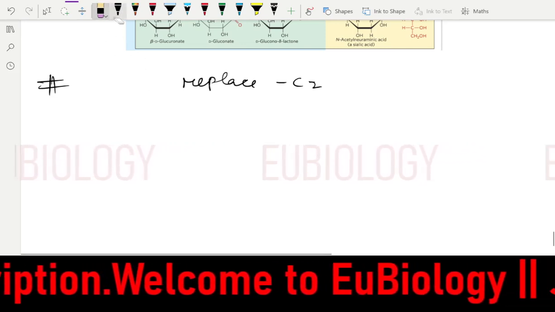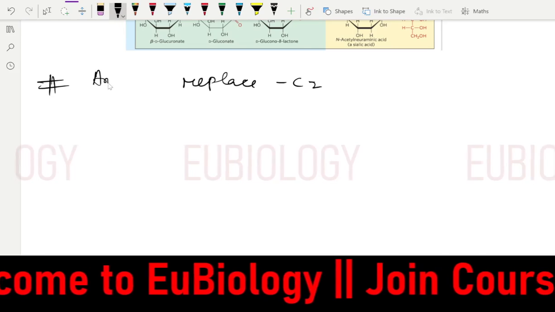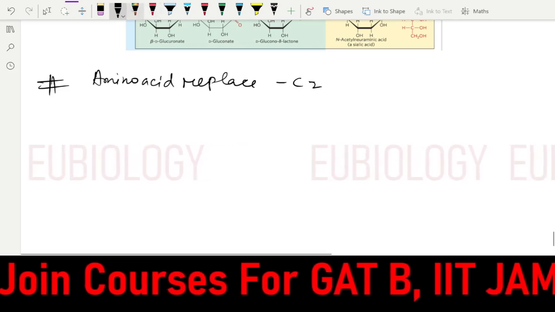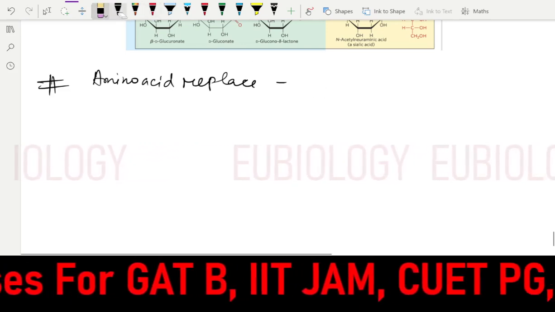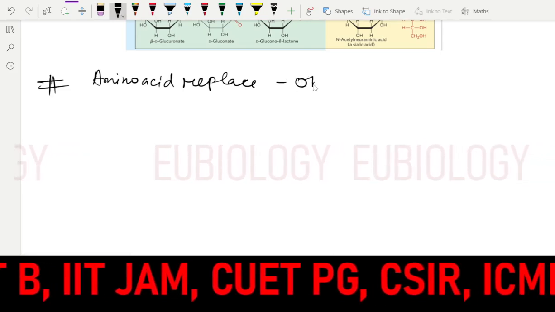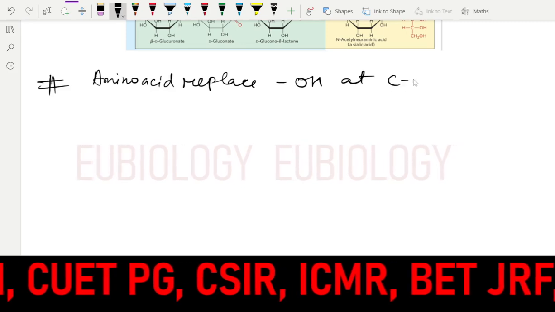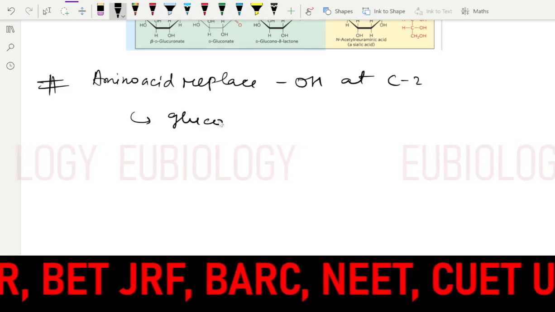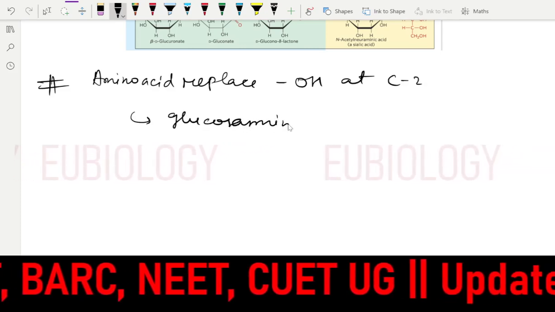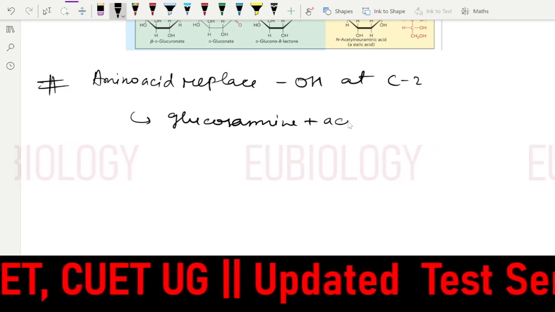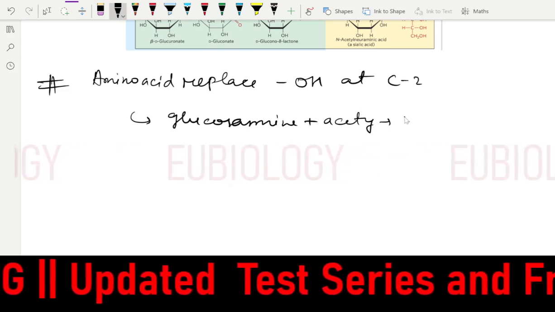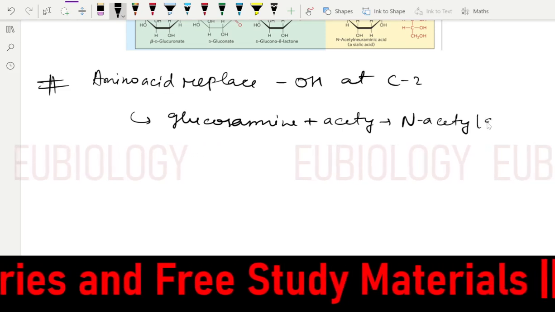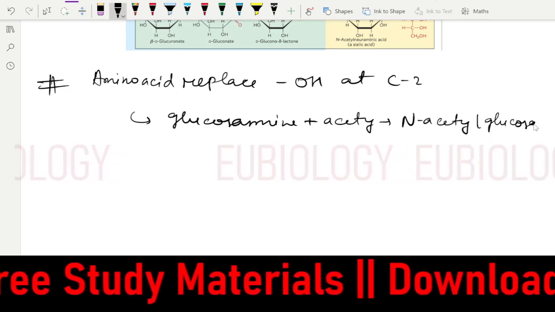Sorry, not ammonia, amino. Amino replaces the OH at the C2 carbon, and it can give glucosamine. If you add acetyl, then it is giving what? N-acetyl glucosamine.